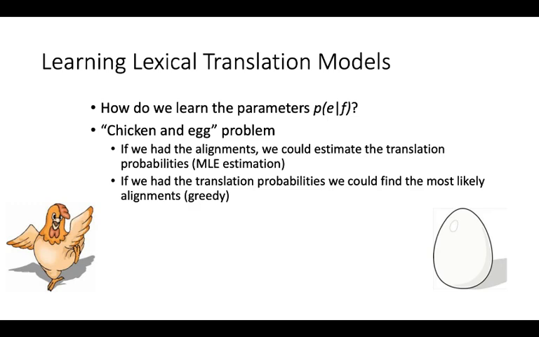So in that case, what's a good strategy to find the balance between them? Can anyone try? If we have a good translation probability, we can find a good alignment. If we have a good alignment, we can find a good translation probability. But we just don't know which one comes first. So can anyone try? Yes.